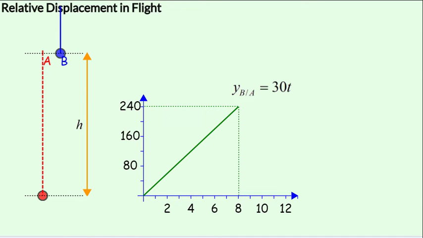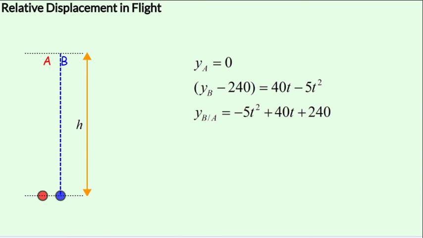Now we have to handle the second part, that is, A is stationary on the ground and B will continue falling from this height of 240 meters towards the ground. This is the second part where A has already reached the ground and is stationary, while B falls to the ground. Again we set up the displacement equations. Here YA will be 0 since it remains on the ground at all times.